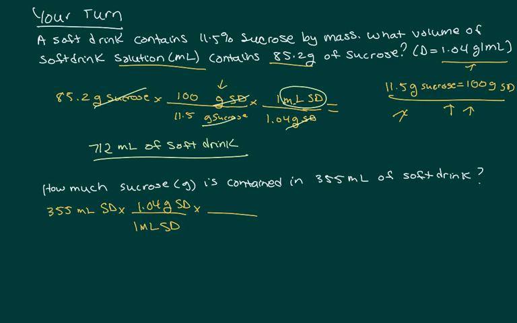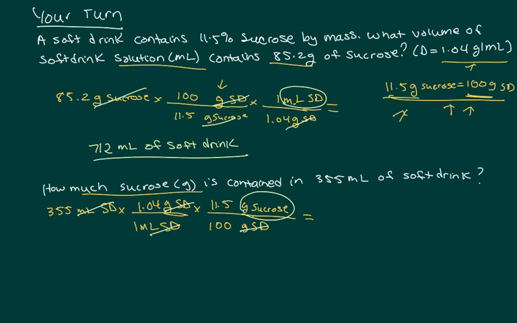Since grams of soft drink is on the top, I'm going to put that here on the bottom, and my grams of sucrose is going to go on the top. And I know for every 100 grams of soft drink here, I have 11.5 grams of sucrose. So this is done because I'm being asked how much sucrose in grams I have. The mLs cancel, the grams cancel, and I'm left with grams of sucrose, which is my desired unit.